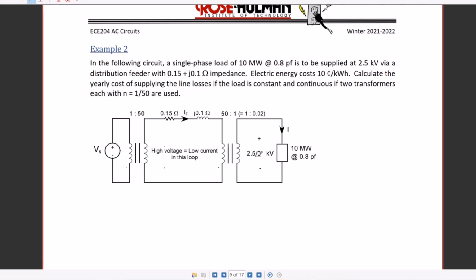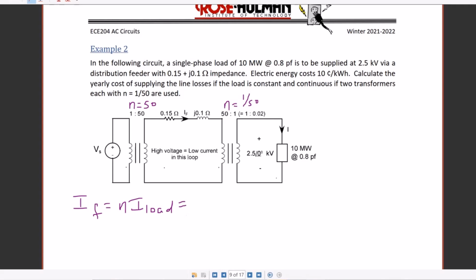So what we do here is we find the new values for our current. Here we'll have N equals 50 because it's 50 over 1. And here we have N equals 1 over 50, or 0.02. So the current at the feeder line is going to equal N times the current at the load.